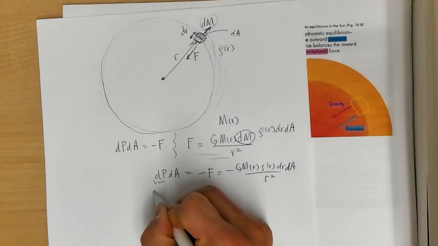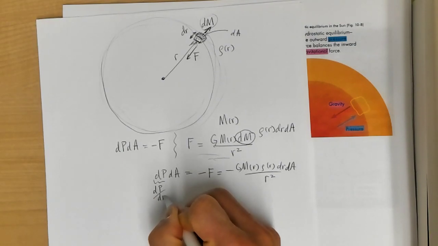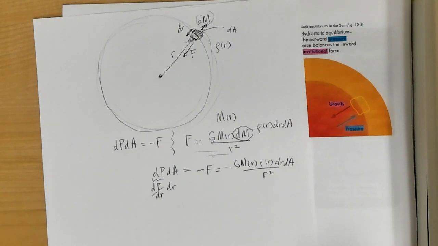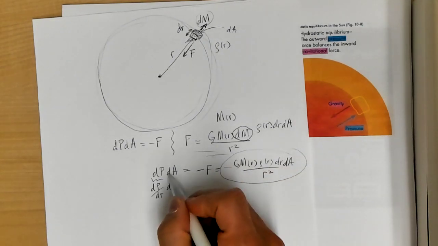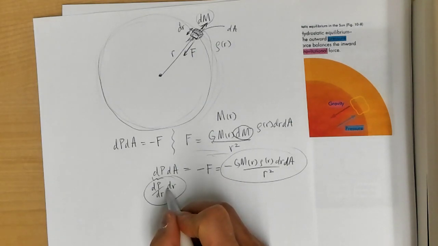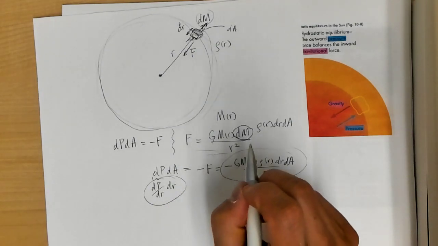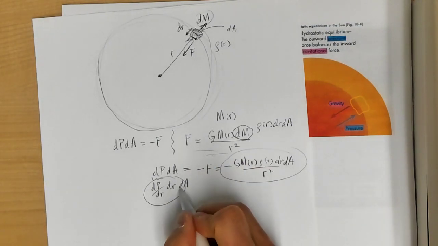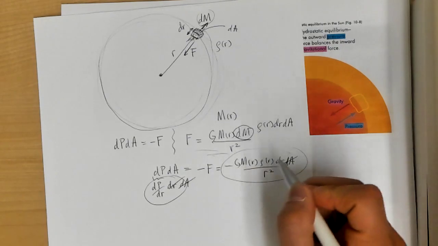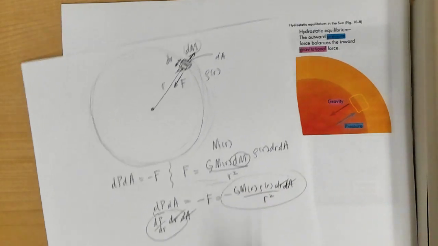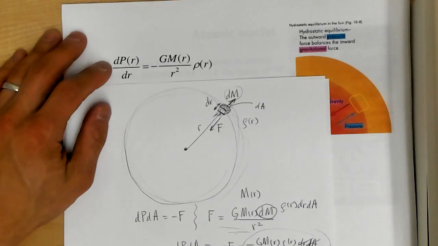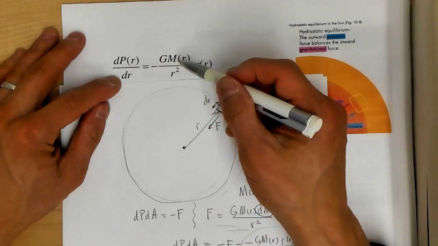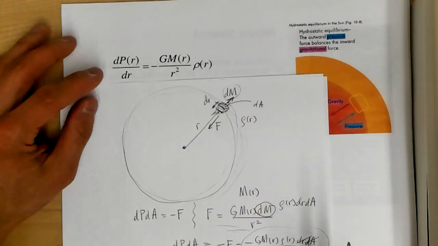And I'll write this dP as dP/dr times dr. Now I'm going to take these two sides, cancel out the dA and cancel out the dr, and I'll end up with exactly what's written here: dP/dr is equal to minus G M(r) over r squared times rho of r.